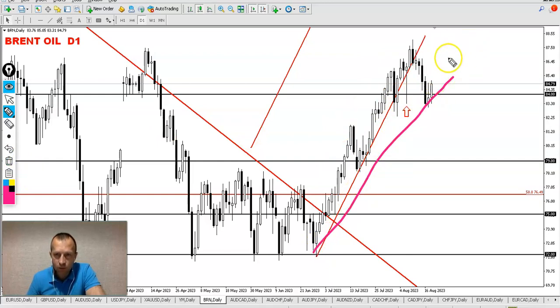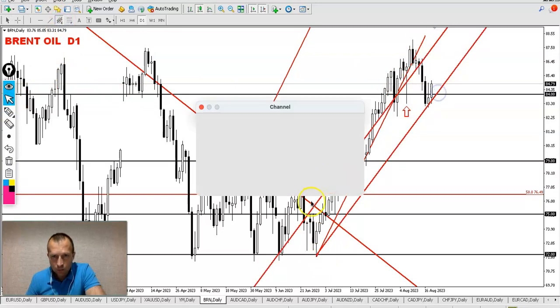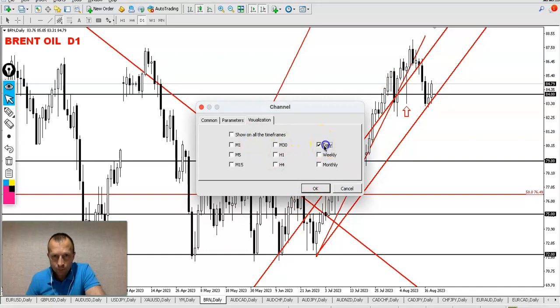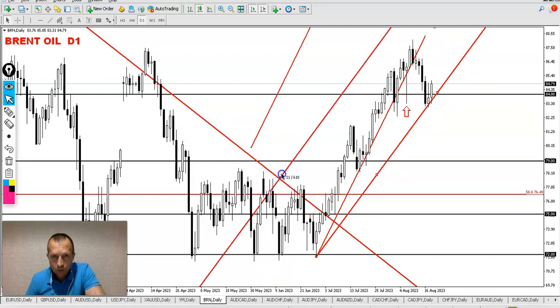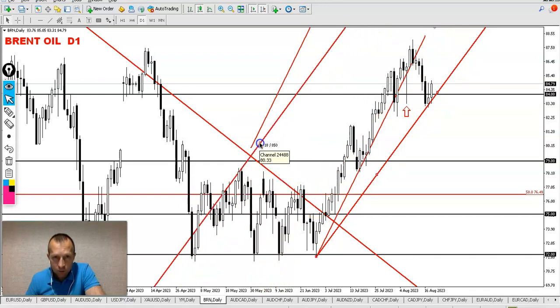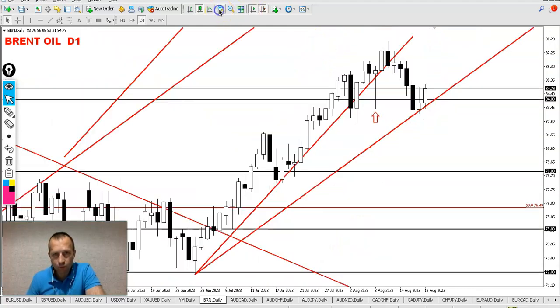We will see how it develops, and if you see the price go from this point to the upside, maybe I should redraw my channel and put it like this, for instance. It will be more logical. I don't know yet, but we will see how it develops. I will leave it here, just for you and for myself as well.